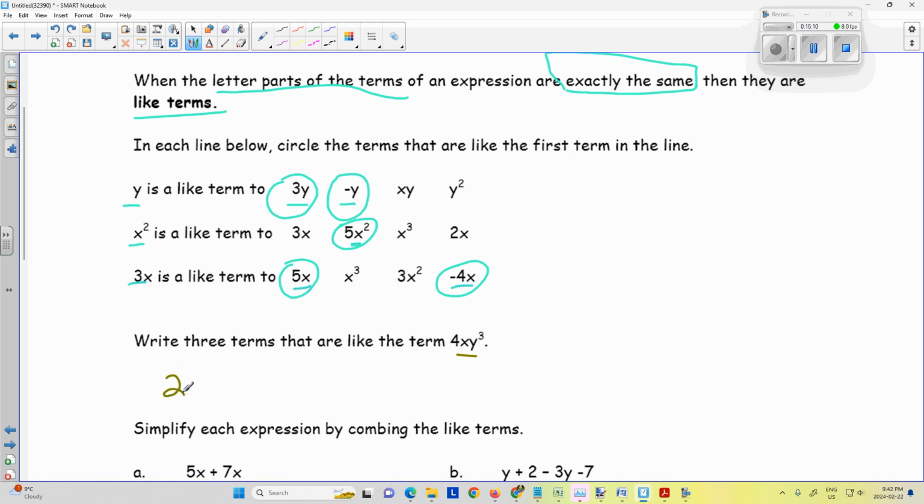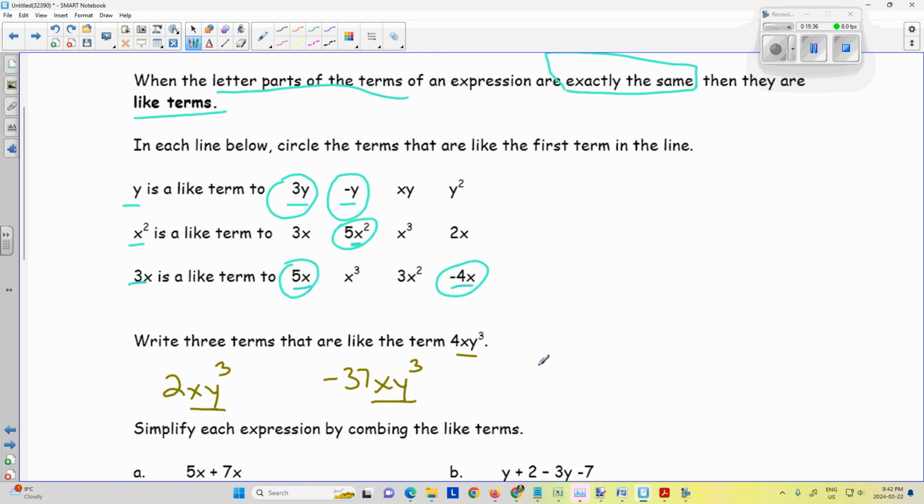Like I could do 2x y cubed. I could do negative 37x y cubed. So you can do any number as long as the letter part is the same. And again, it has to have the same exponents too.